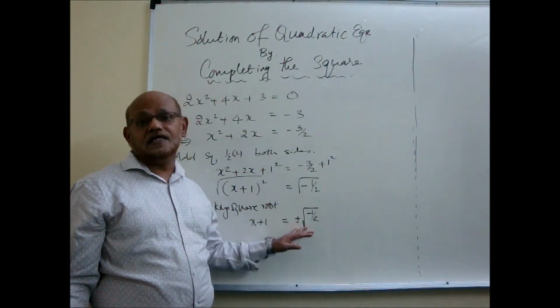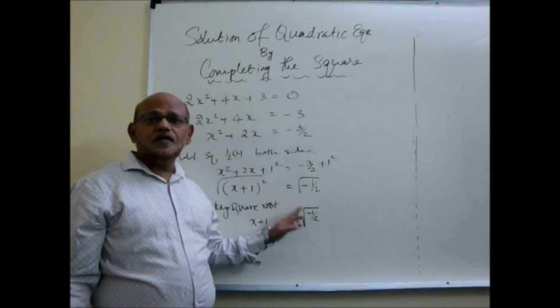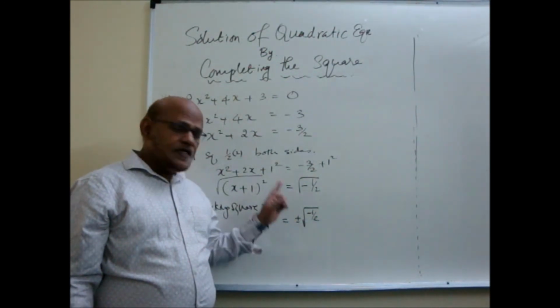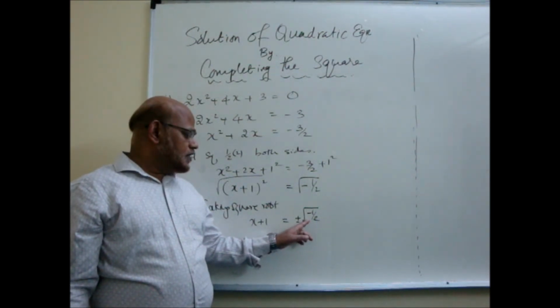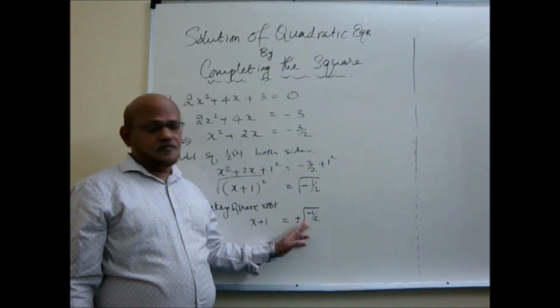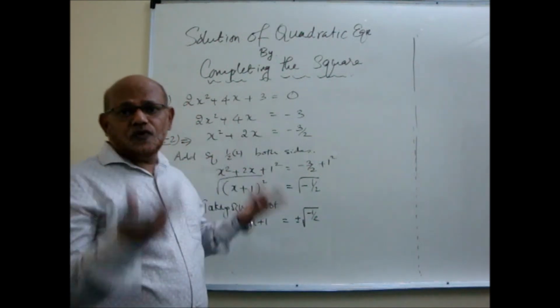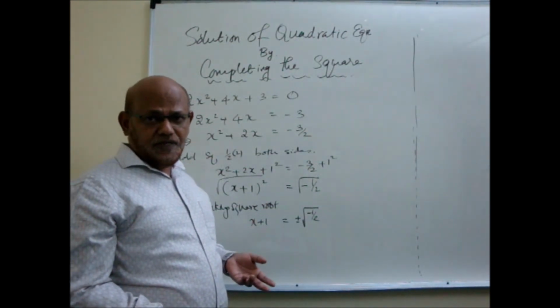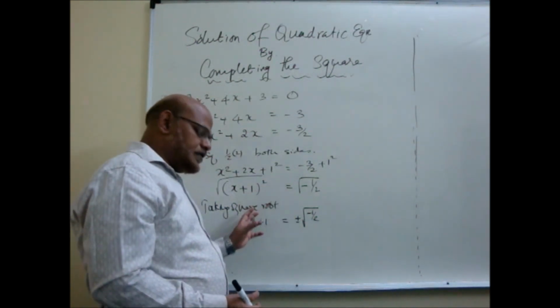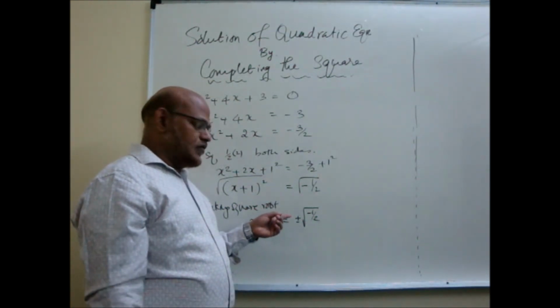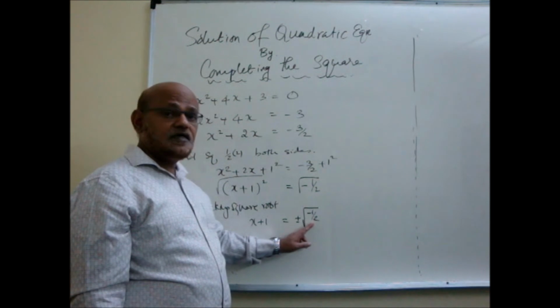It will not be a real number, because a negative number is not the square of any number. Any number when squared becomes positive. So it's not possible to find the real value of this. This is not a real number.